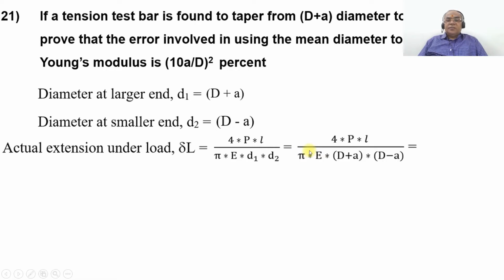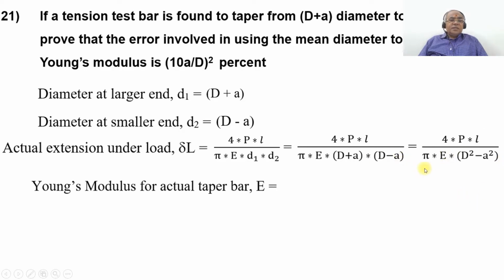This is of the form (A plus B) into (A minus B), which is equal to A square minus B square, so it equals 4 into P into L divided by pi into E into (D square minus A square).